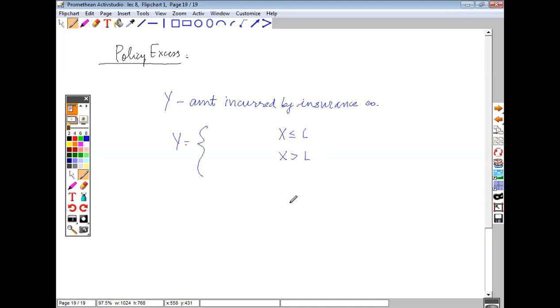What do you think will happen to the claim amount Y in this case? For X less than L, it will be 0. Yeah. And for X greater than L, will it be X? What do other people think?